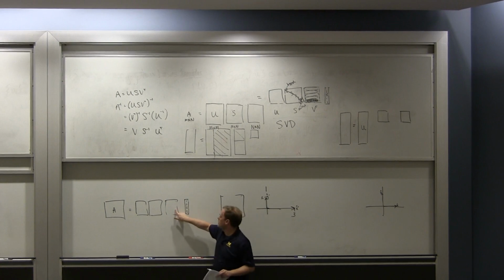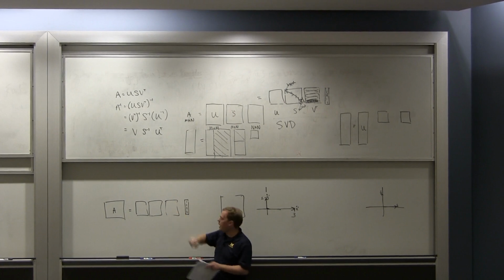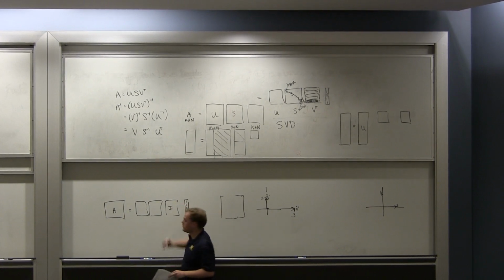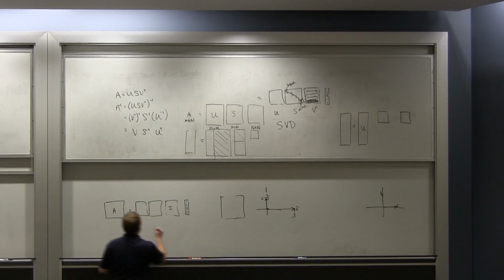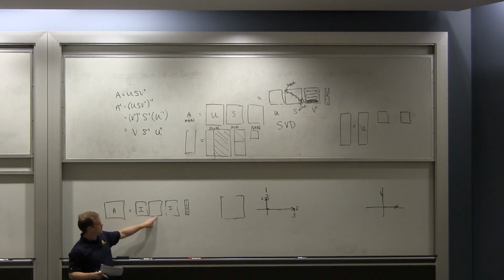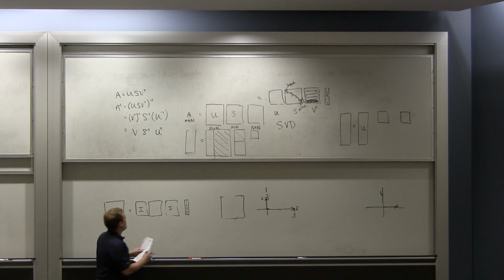What should we put here? I. Why? We don't need to rotate anything. In fact, this is exactly the same orientation as that guy, so let's put an I here as well. Now what do we put for S? 3 and 1. Yep. Very good. Okay, now we're going to get a little more interesting.